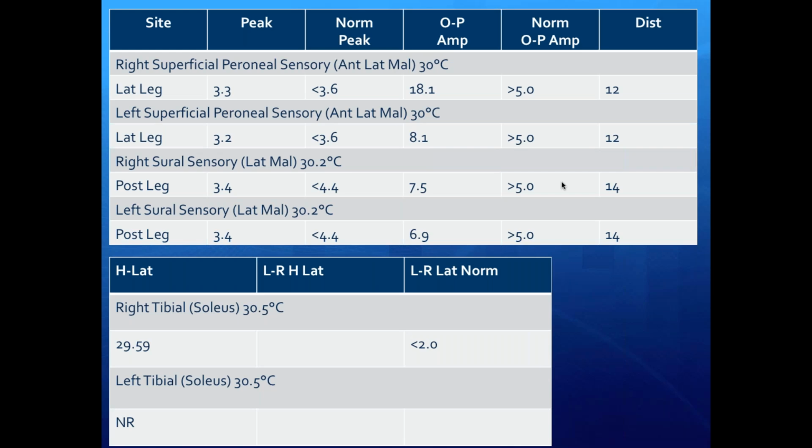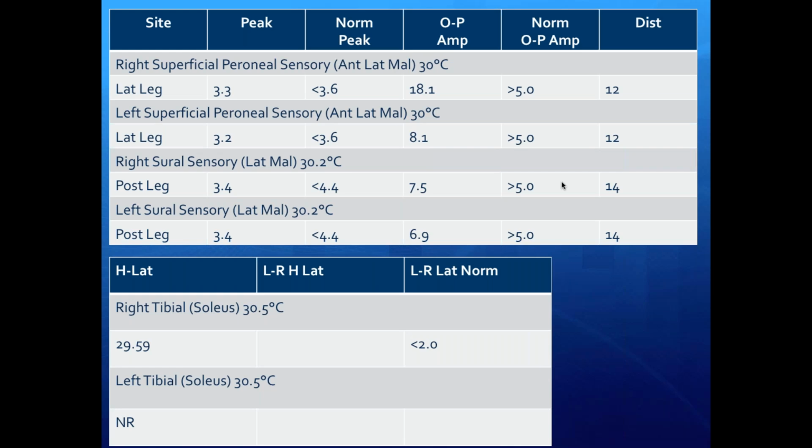And we can see here that obviously the big thing that jumps out at us now is the H reflex on the left side, which was the more symptomatic side, was unobtainable. There was no response. That could mean an axonal problem. That could mean a very severe conduction block.